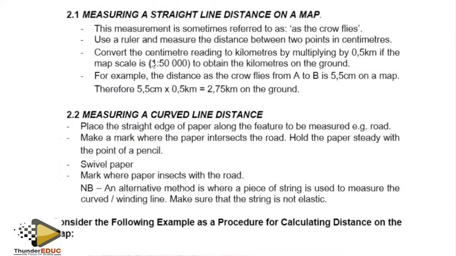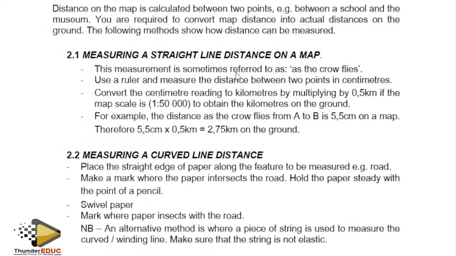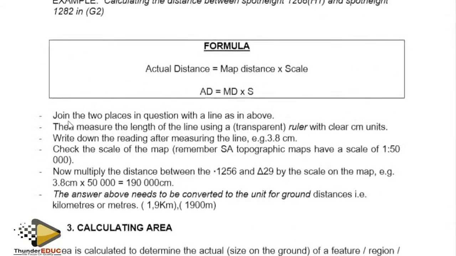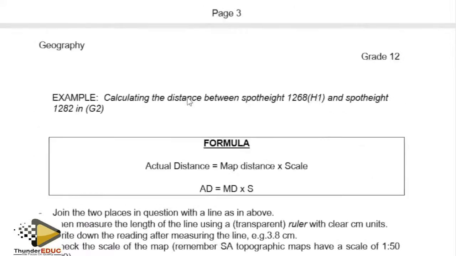The first procedure is measure. This measurement is sometimes referred to as the profiles. You have to measure the straight line distance, and then the distance you measure, you convert it. Look at this. The first thing is with a line as above.